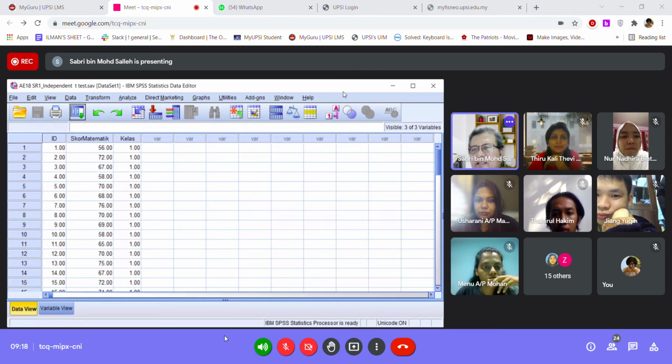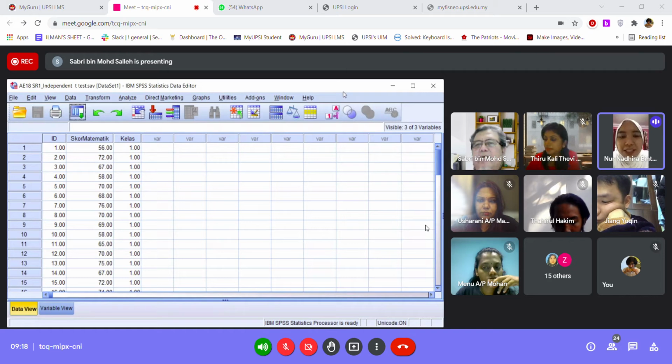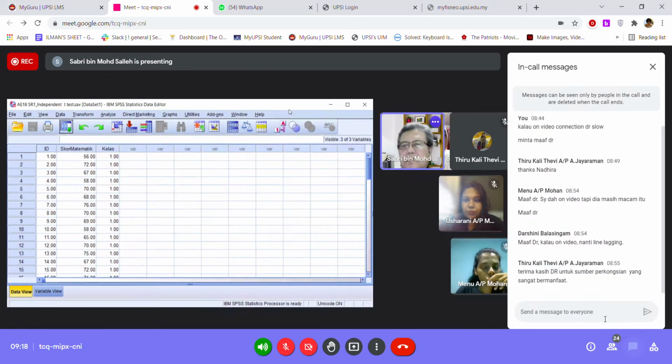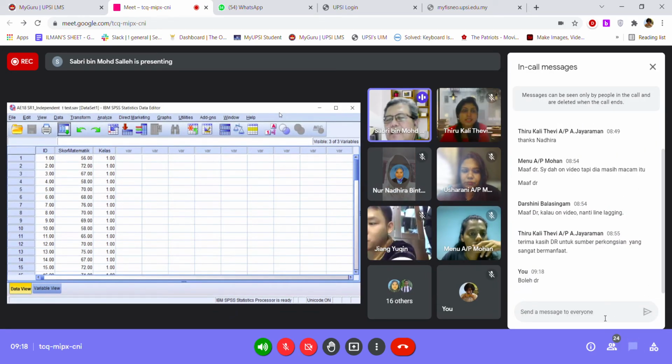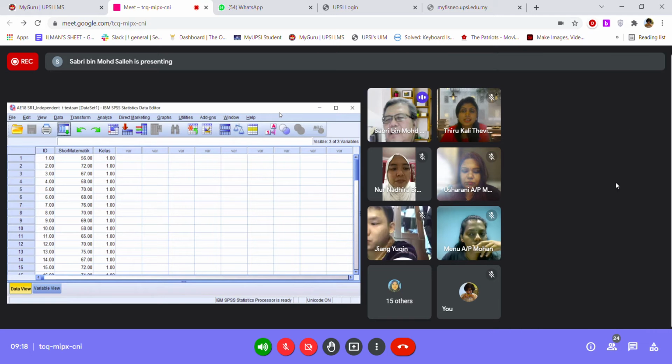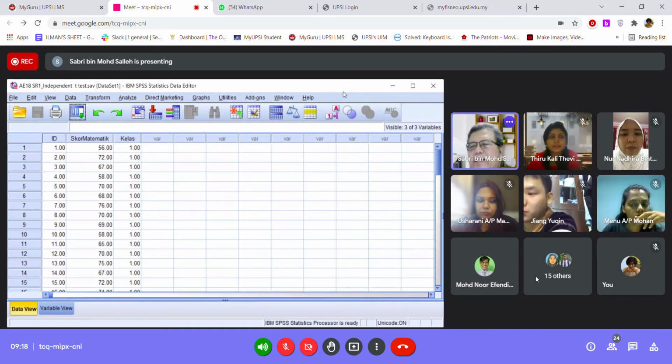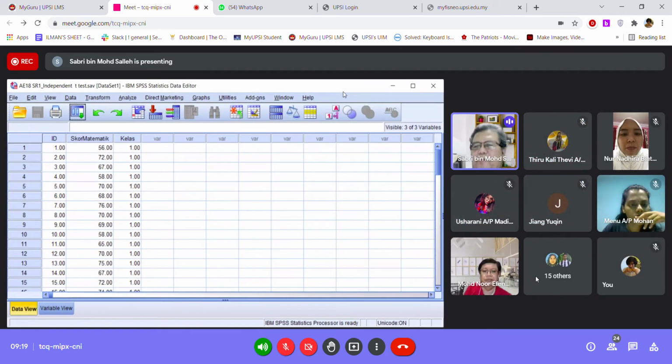Boleh buka tak? Najrah? Tu, boleh buka? Saya tak boleh buka sebab saya tak ada apps tu, tapi kalau apps tu boleh lah. Those that have access boleh buka. Kalau kata tak boleh buka, cuba Arif dah. Okay. Kalau Arif dapat, boleh dapat lah.